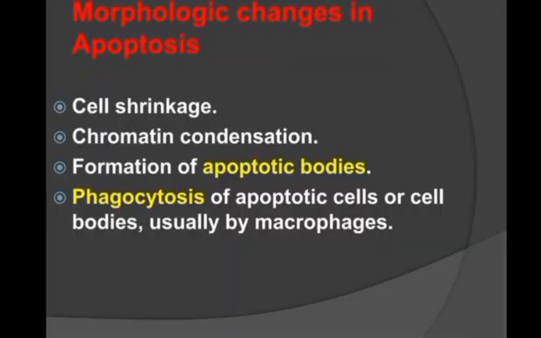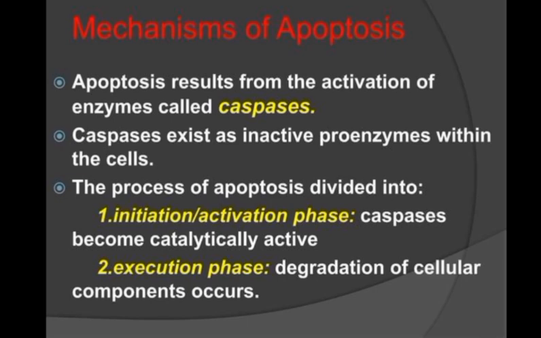Morphological changes in apoptosis, or programmed cell death, include cell shrinkage, condensation of chromatin inside the nucleus, formation of apoptotic bodies, and phagocytosis of the apoptotic cells or cell bodies, usually by macrophages. As for the mechanism of apoptosis, it results from the activation of enzymes called caspases.